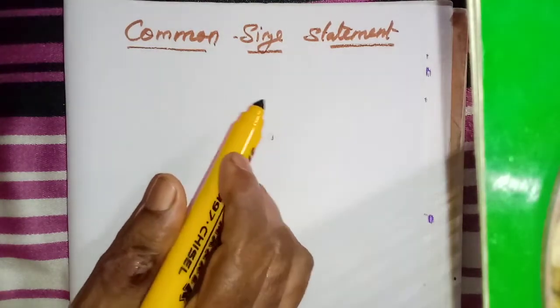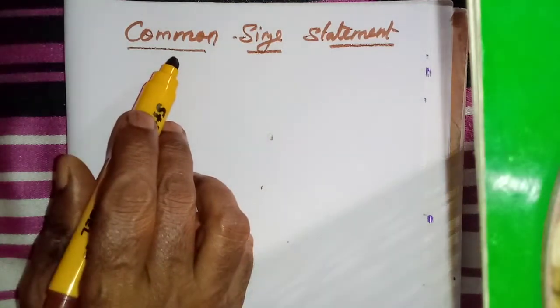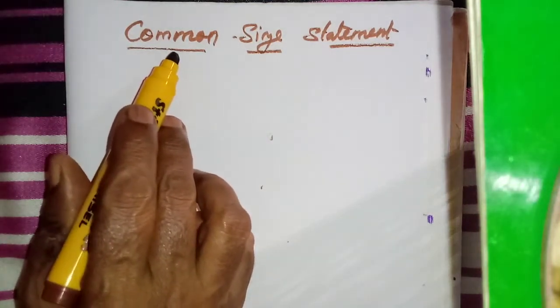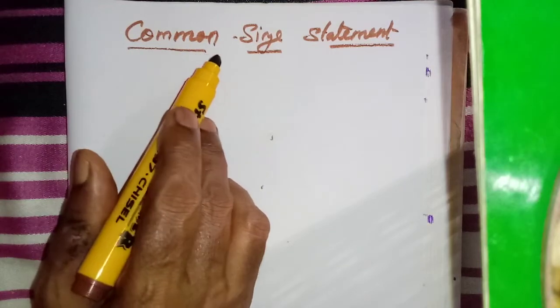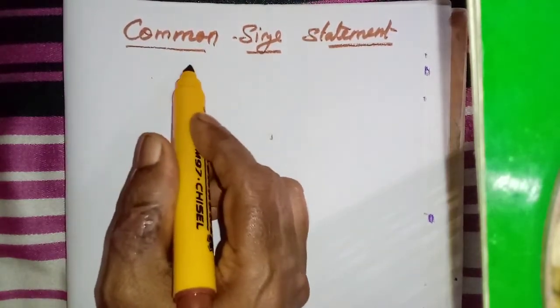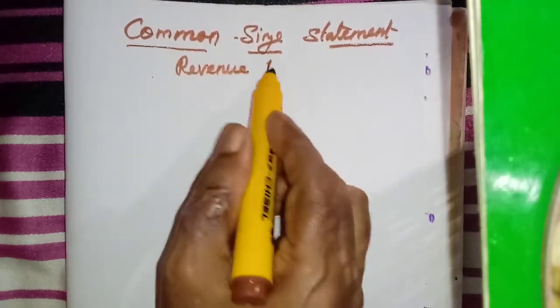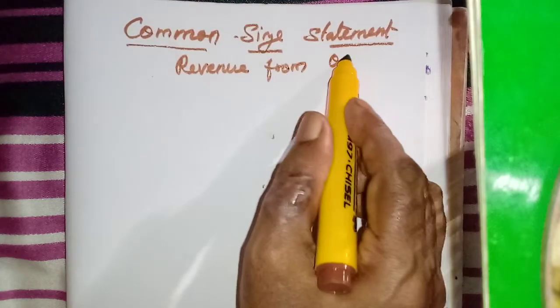Here we are taking any one detail of the transaction as the common base, for 100. For example, in the income statement we will take revenue from operation as the base.